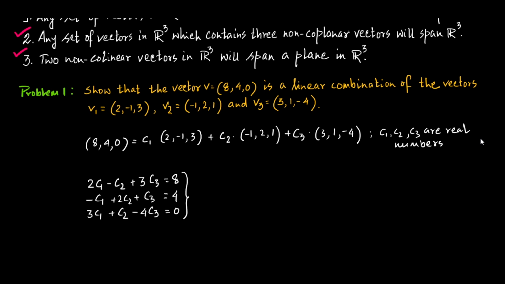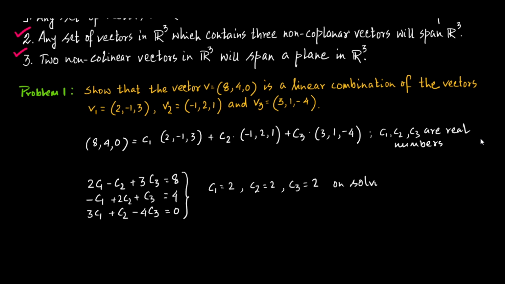If you solve this by Gaussian elimination, you will find that c1 is equal to 2, c2 is equal to 2, c3 is also equal to 2. You can solve it in any method you wish, you will get this answer.